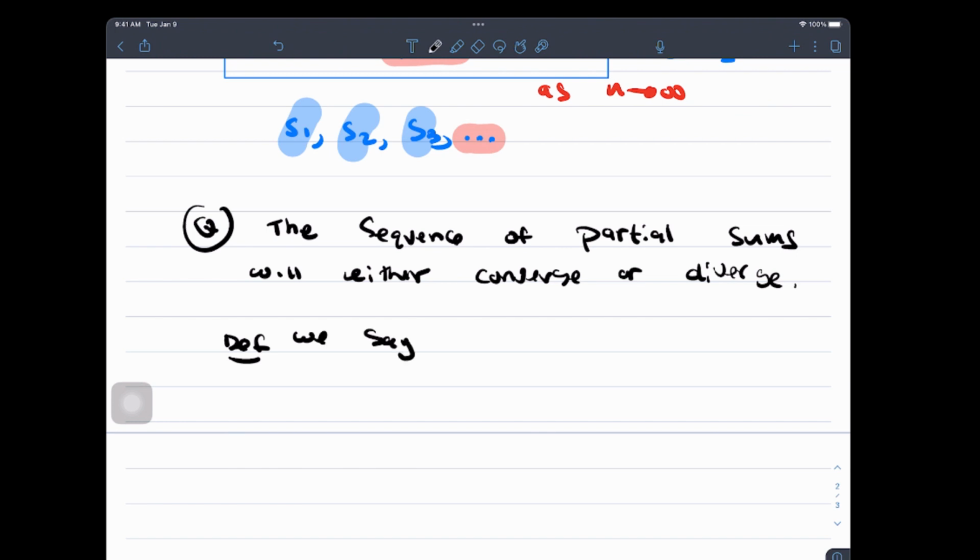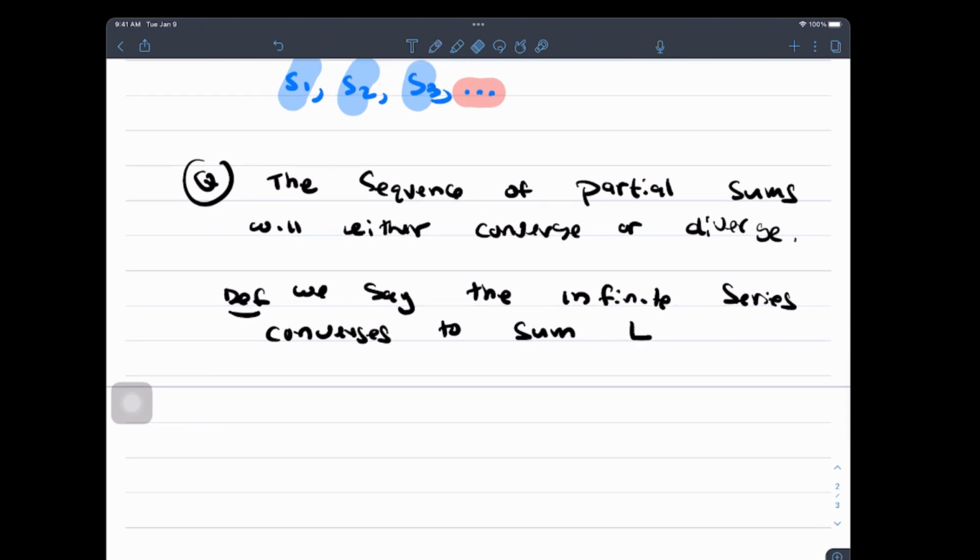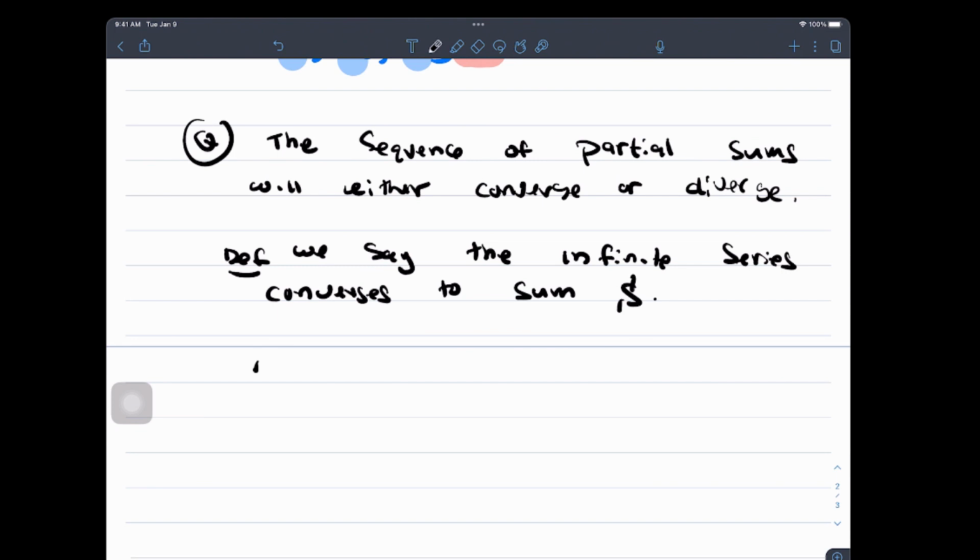We say the infinite series now converges to, let's say, sum L, whatever. Their book says sum S, so maybe I'll just do that. S is the sum, if the sequence of partial sums now, that limit, as n goes to infinity of Sn equals S. S is that finite number.